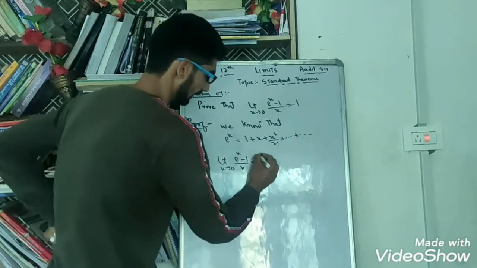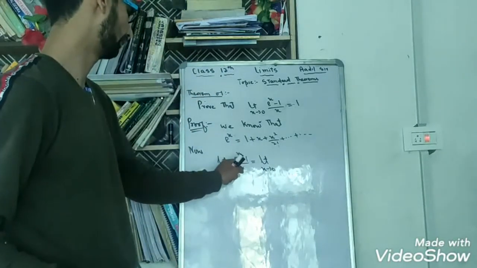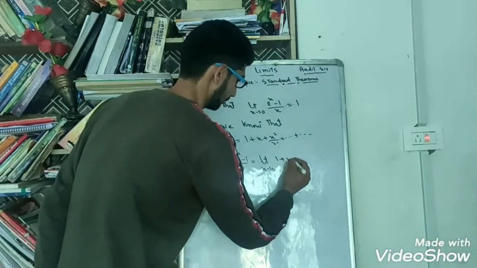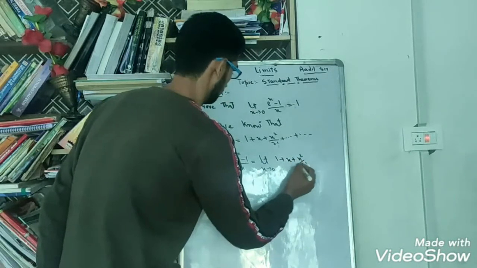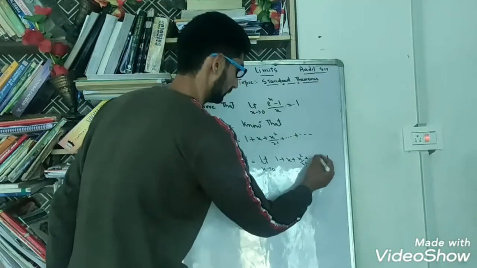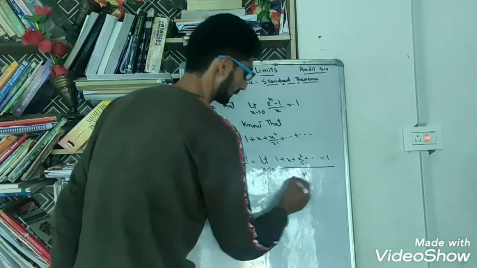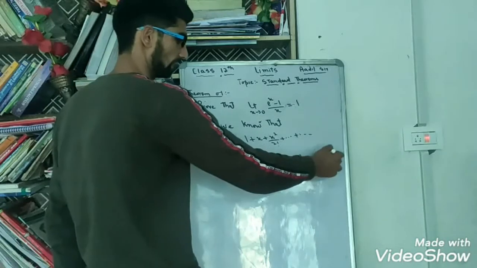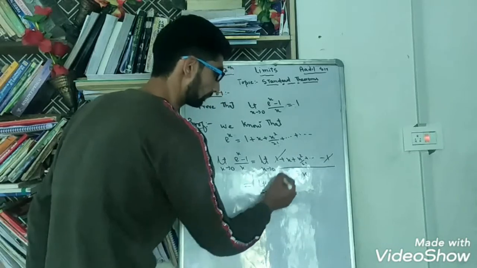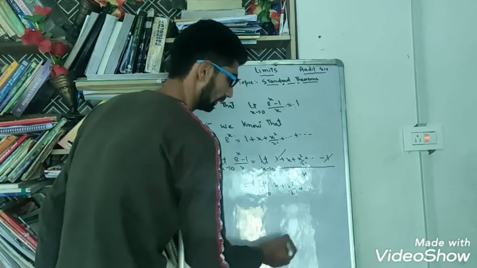We can write it as limit x tends to 0, where e power x we replace by this expansion, so it will be 1 plus x plus x square divided by 2 factorial plus so on, then lastly minus 1, and in the denominator we have x. This is plus 1, this is minus 1, these two will get cancelled, and we will get limit x tends to 0, (x plus x square divided by 2 factorial plus so on) divided by x.